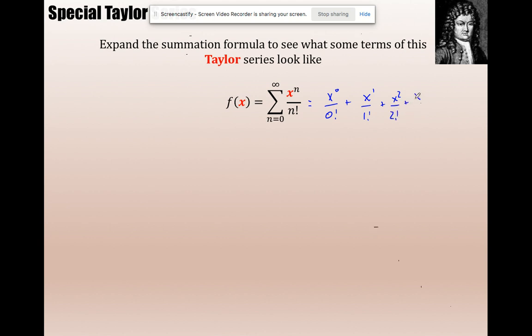When n is 3, hey, well, wait just a gosh darn second here. Something to the 0 is 1, 0 factorial is 1, so that's 1 plus x plus 1/2 x squared plus 1/6 x cubed plus 1/24 x to the 4th plus... what is happening?